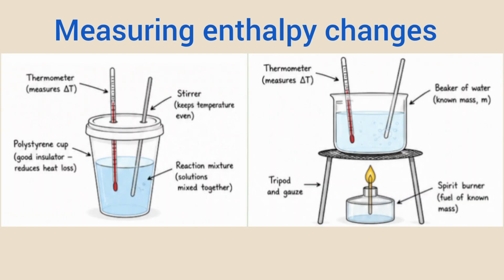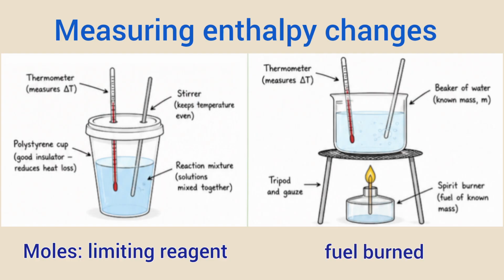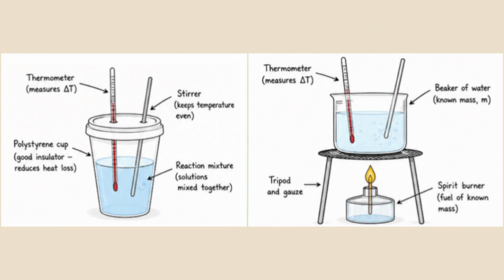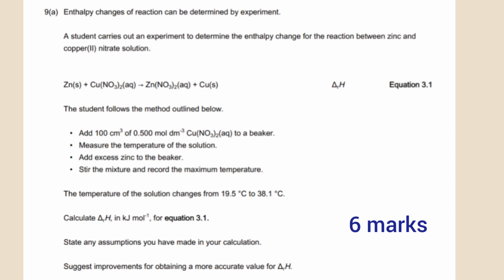If we are using the coffee cup calorimetry experiment data, the moles we use are those of the limiting reagent. If we're using data from the spirit burner practical, the moles used must be those of the fuel burned. Now let's have a look at some example questions. If you'd like to have a go at the question yourself, pause the video here.